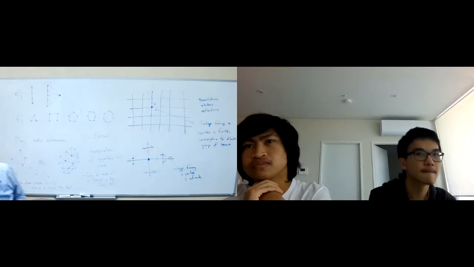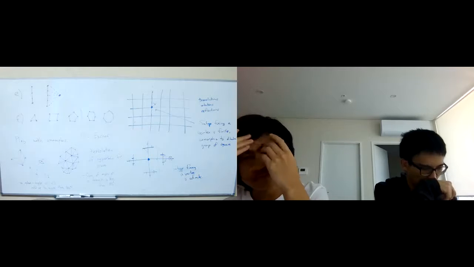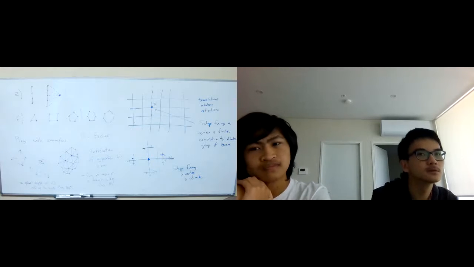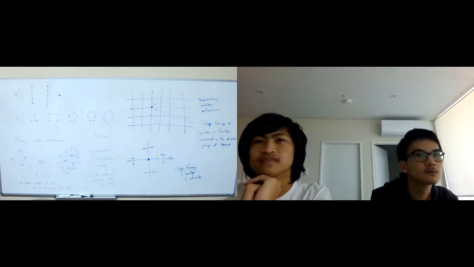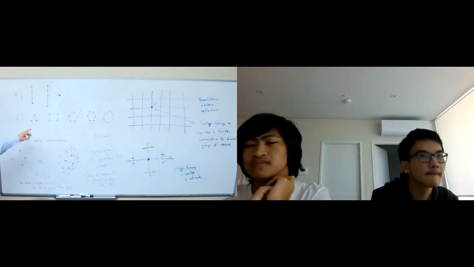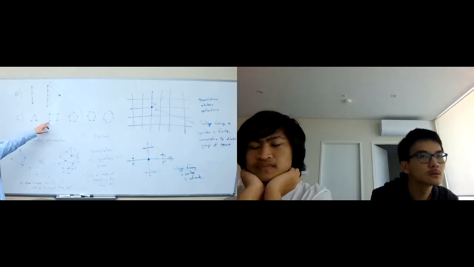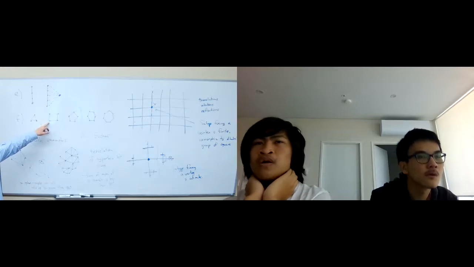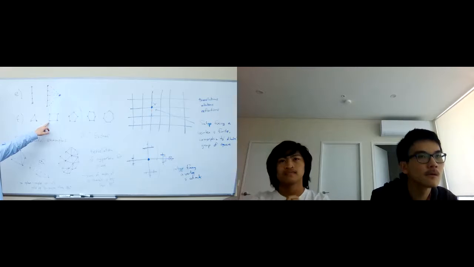Okay, so that's those examples. But I guess we start to see now some answers to some of the questions. So in the case of the triangle and the square, it does extend to a vertex transitive graph, but it's not an infinite one.